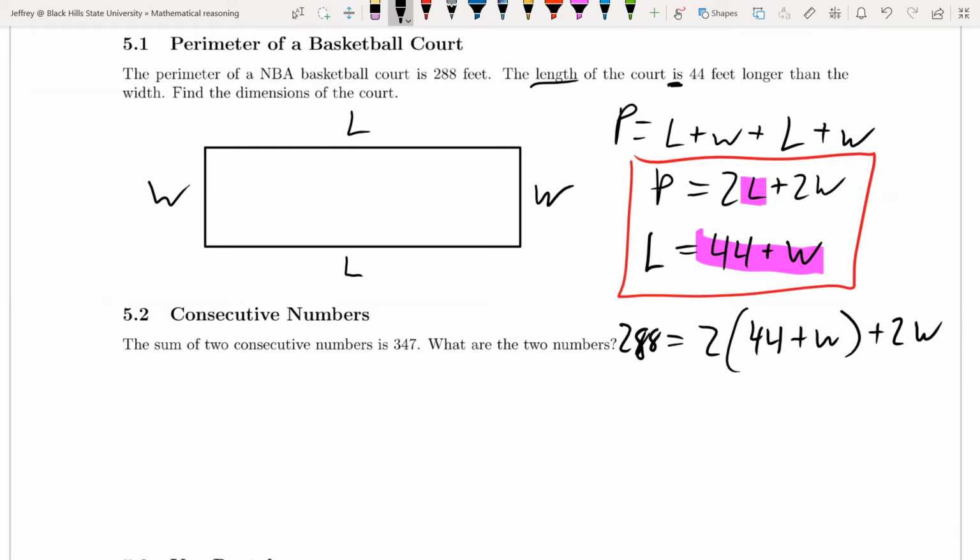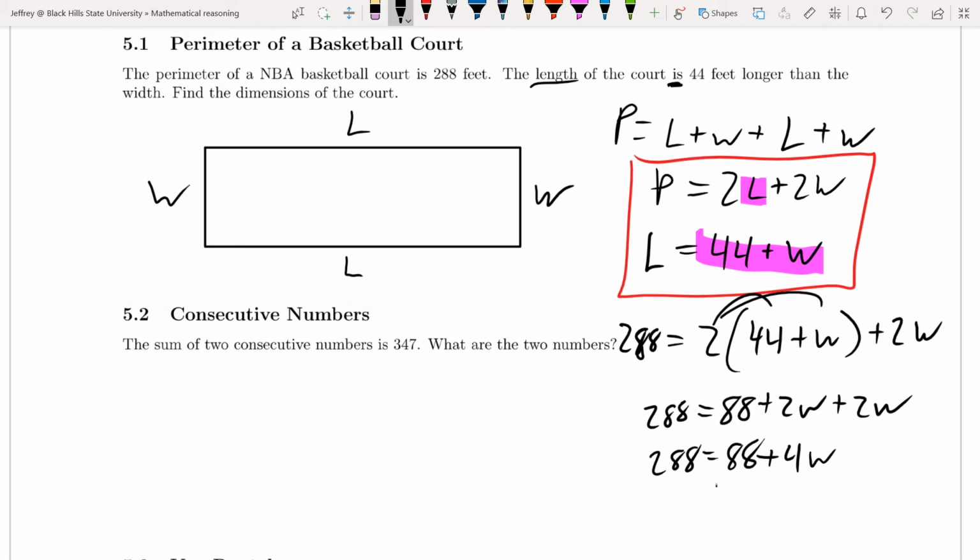So now we actually have this equation down to just one variable, w, and we should be able to figure that out. So I'm going to distribute the 2 to both parts. So we have 88 plus 2w, and then we'll need to add that plus another 2w. So we have 288 equals 88 plus 4w. We can subtract 88 on both sides.